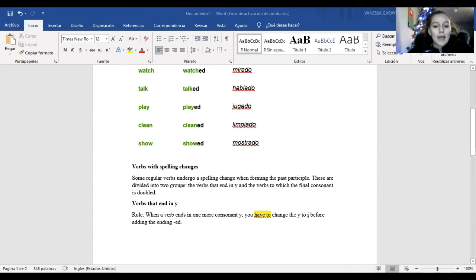Verbs with spelling changes. Some regular verbs undergo a spelling change when forming the past participle. These are divided into two groups: the verbs that end in y and the verbs in which the final consonant is doubled. Verbs that end in y.